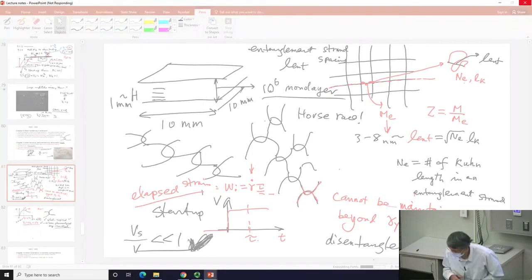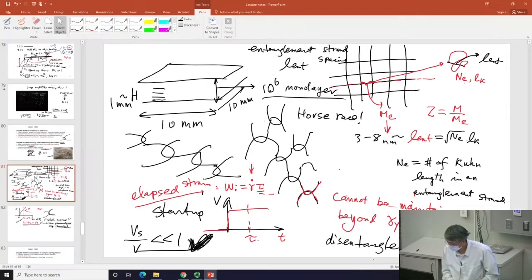One layer starts to disentangle, 2 layers start to disentangle, 3 layers start to disentangle, 1,000, 10,000 layers start to disentangle. But eventually, that disentanglement created a sufficiently large correction to the field so that the field somehow no longer shears homogeneously.